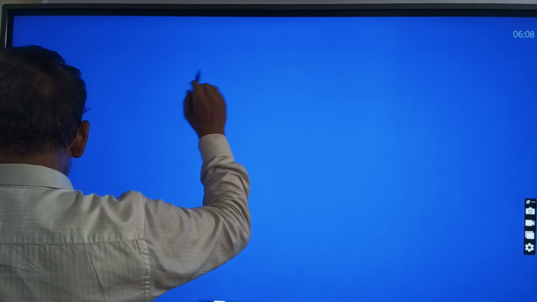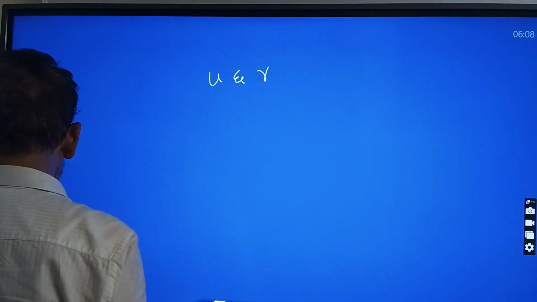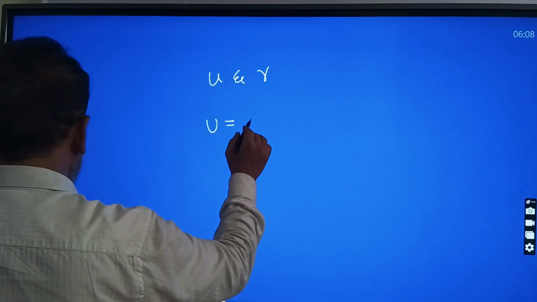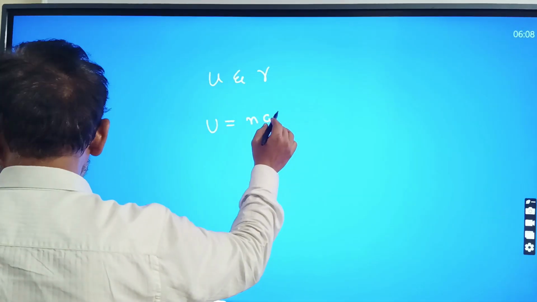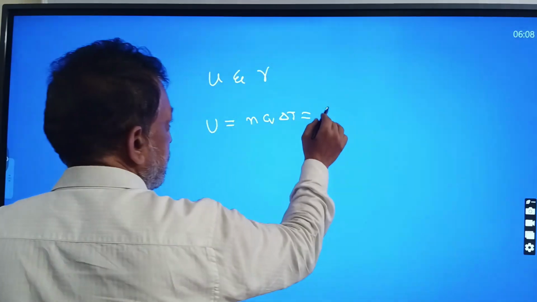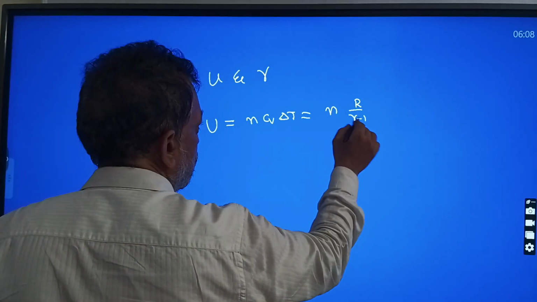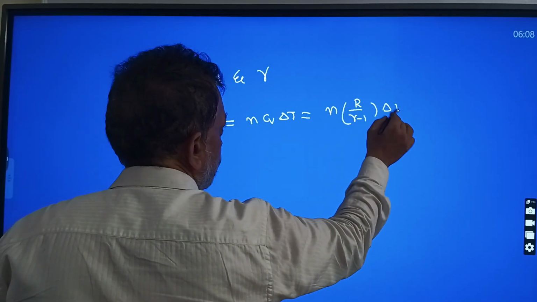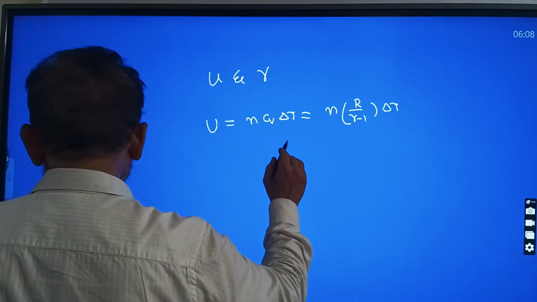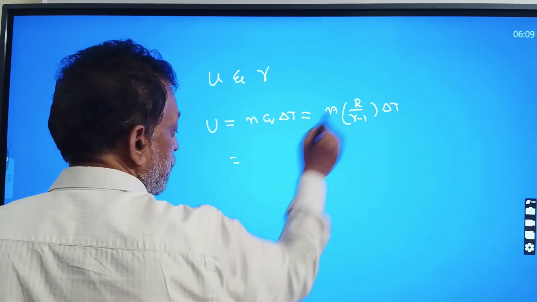Now you already know U is equal to n Cv delta T, that is equal to n into R by gamma minus 1 into delta T, absolute temperature.